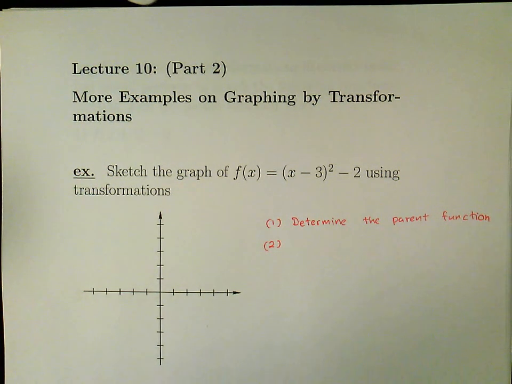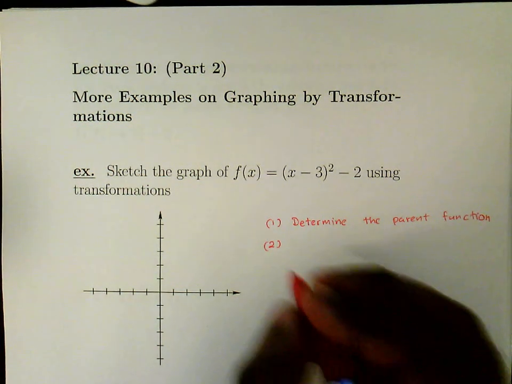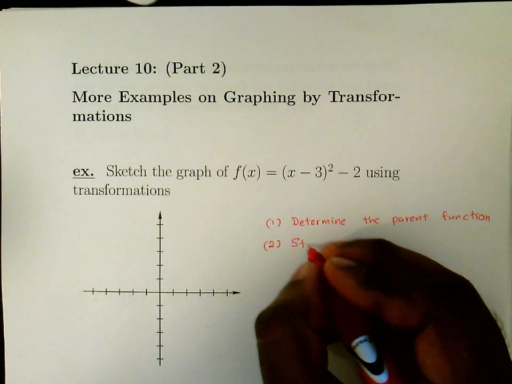Now in some cases the order doesn't matter as long as you do the vertical shifts last, but sometimes some orders might be easier. So for this class, let's keep an order of doing the transformations. So let me just write it down. Start with the parent function.